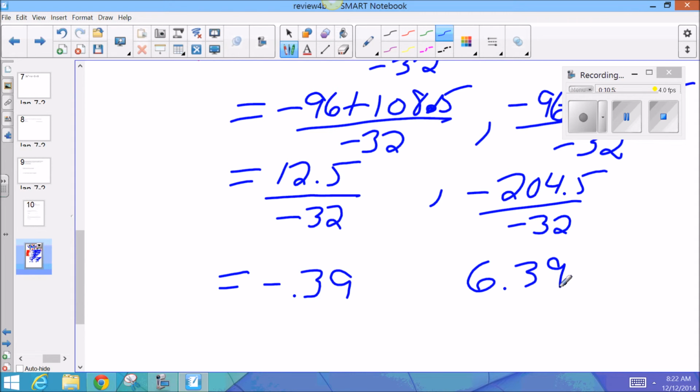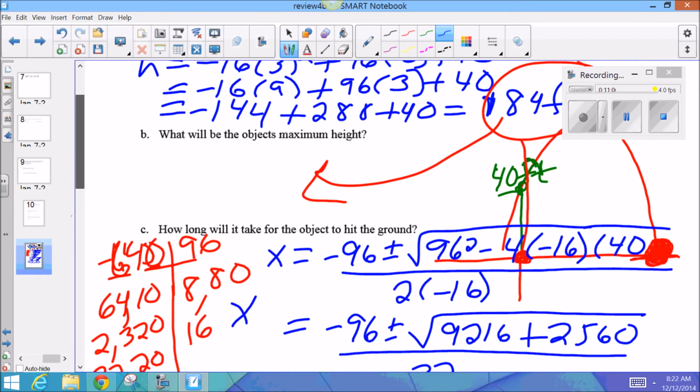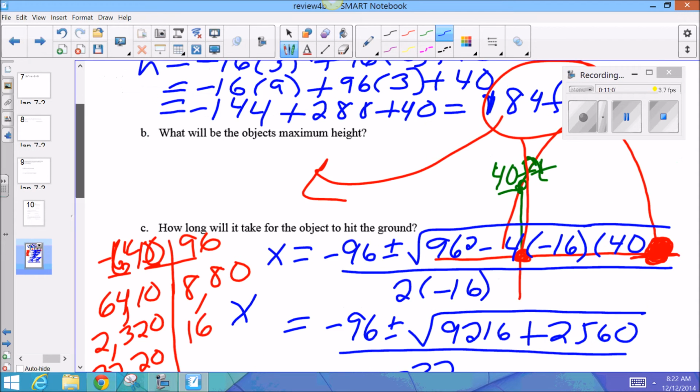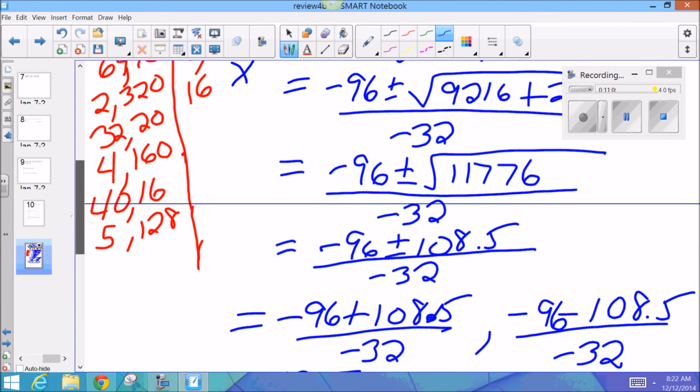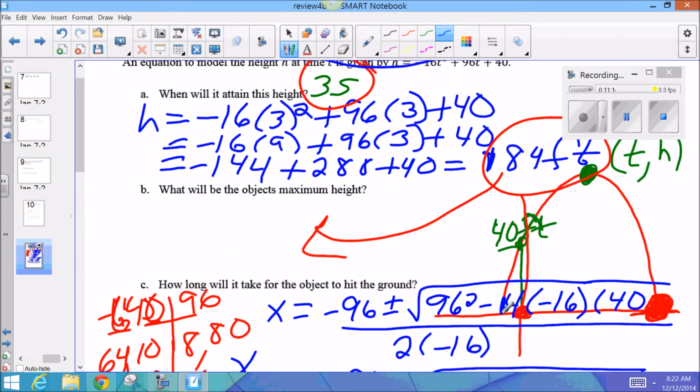So I'm going to just take a look at these two. This is the time. I think this was in seconds. Let's see the original problem. Yes, this is being measured in feet per second, and so therefore our answer is in seconds. Okay. And looking at the parabola that I drew, over here you see this would be before we started counting, because this point right here, the negative one, because we started with the object already being 40 feet off the ground.